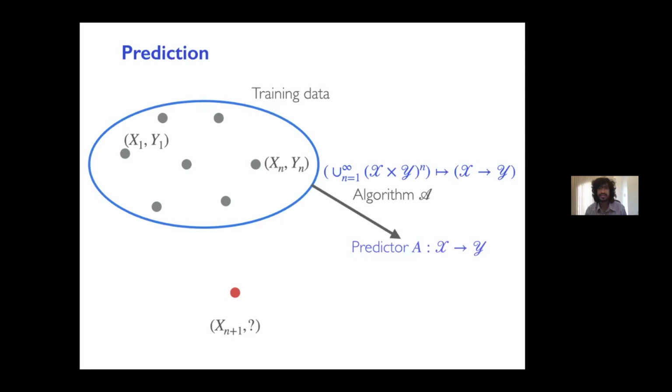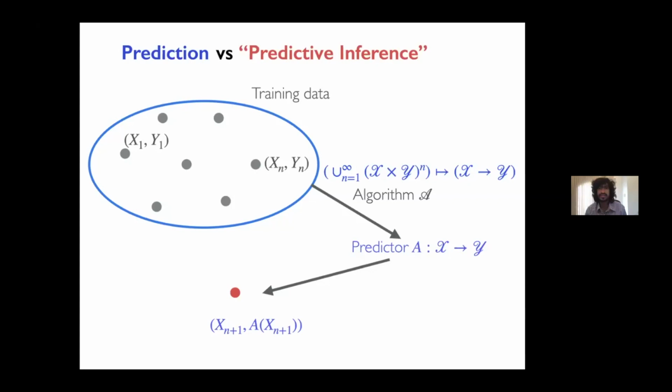It takes in one or two or three, any unbounded number of labeled pairs x and y, and it spits out a predictor, which is a mapping from x to y. Okay, so we get this predictor, and we use it to predict the label, which is just A of xn plus 1, which is in the y space. So that's prediction.